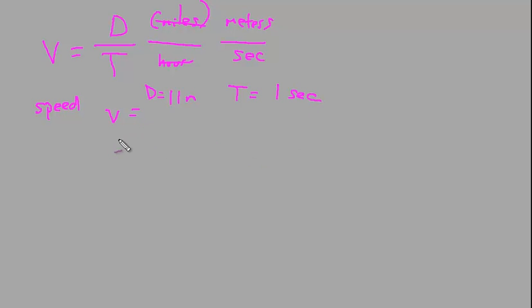Well, let's set up our equation. So remember, velocity is equal to distance divided by time. Okay. So we have our distance, 11 meters, and we have our time, 1 second. So the velocity then is equal to 11 meters per second.